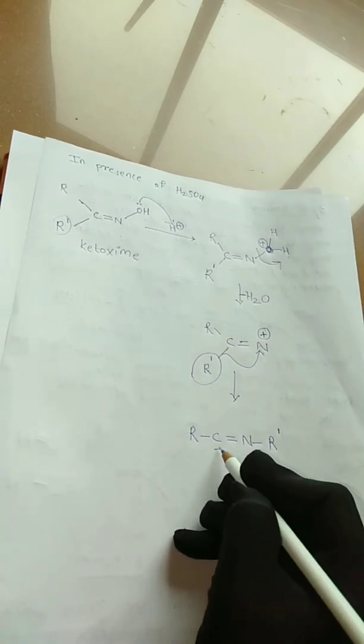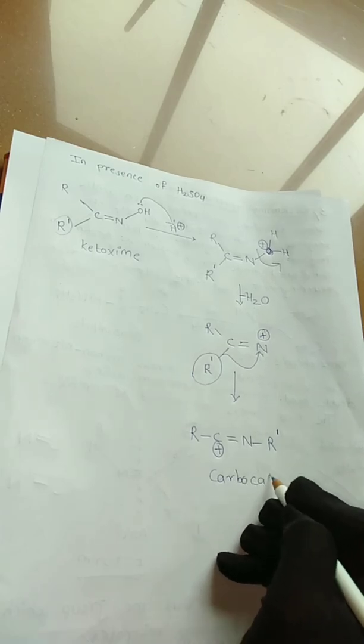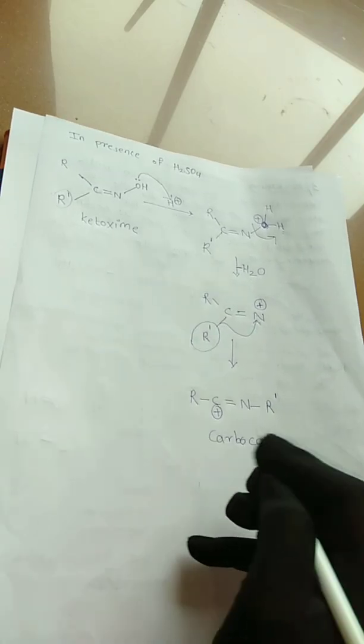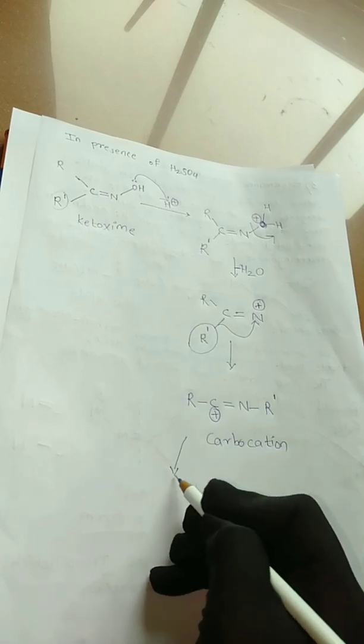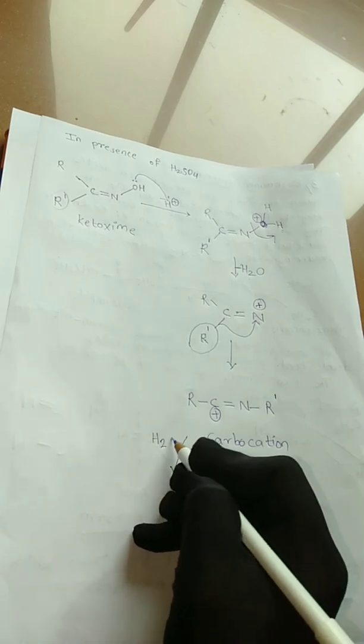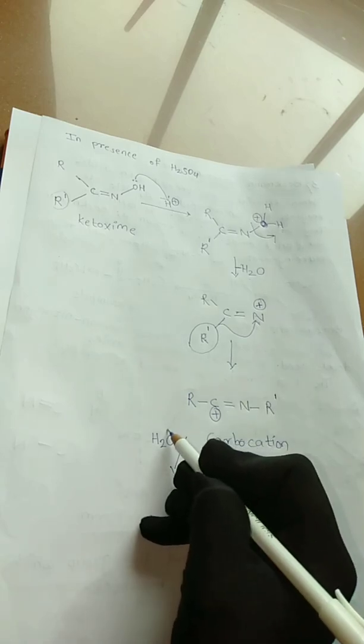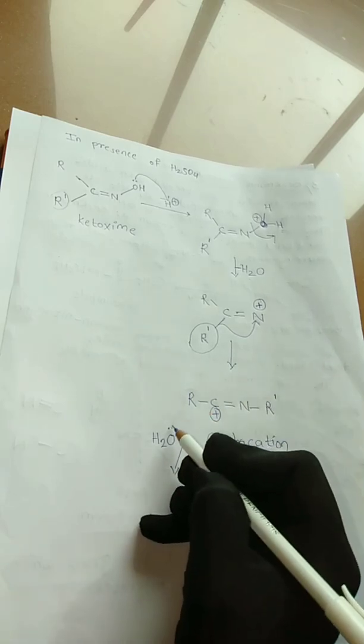So what we will get is R, C double bond N, bonded to another alkyl group. So we will get our carbocation. Here you can see that carbon becomes electron deficient. So we will take our water molecule which we got earlier.